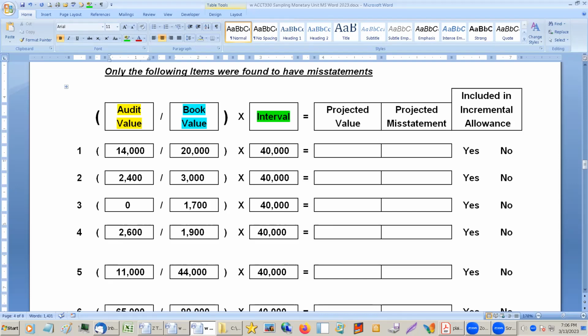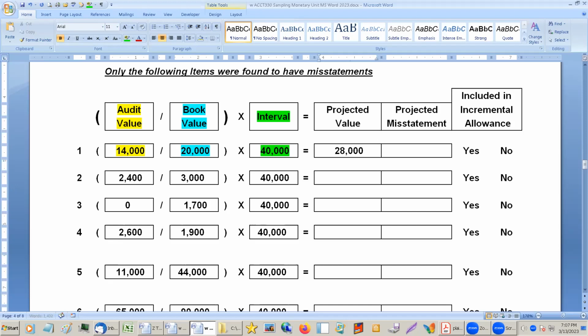So the first one, 14,000 divided by 20,000, gives our projected value. Okay, so this is 28,000.